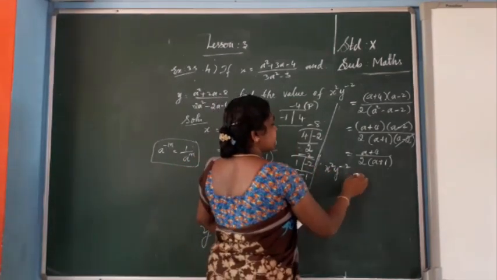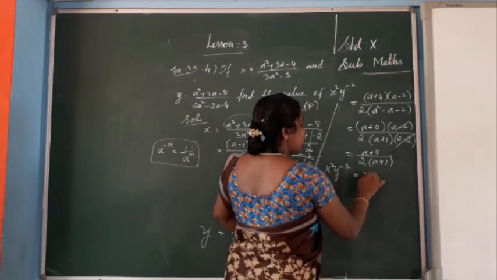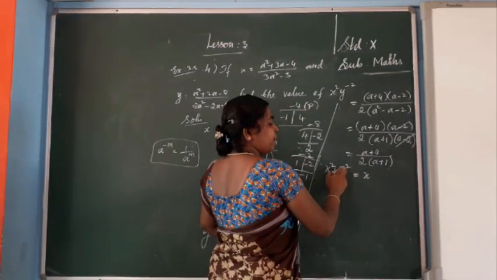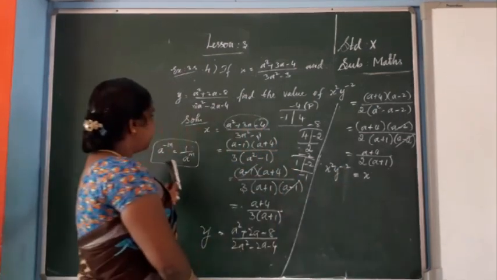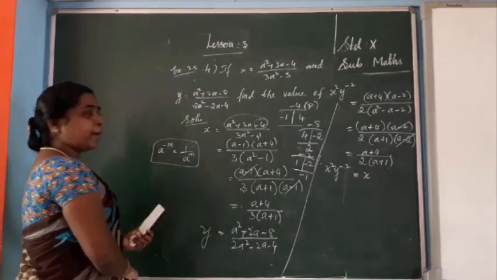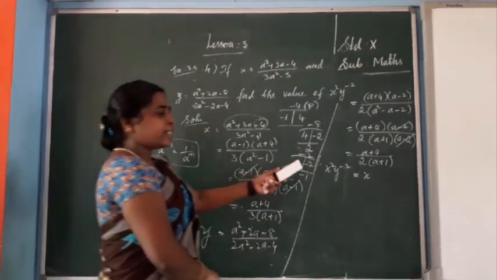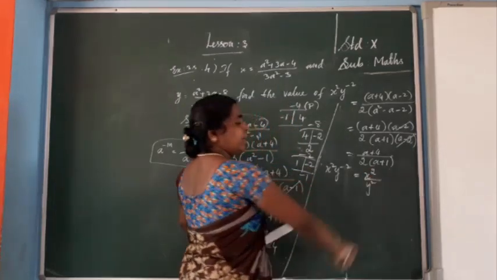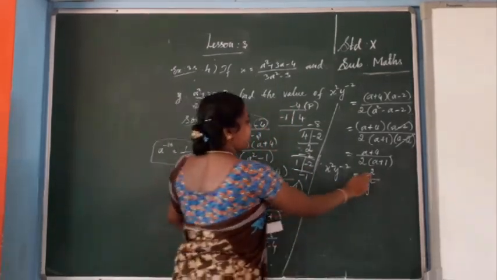Consider one more step: write x square y power minus 2. Use this formula. Instead of a power minus m, we can write 1 by. If you take it in the denominator, it becomes positive. So x square by y square. Now apply the value of x.